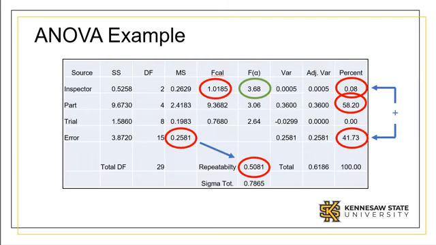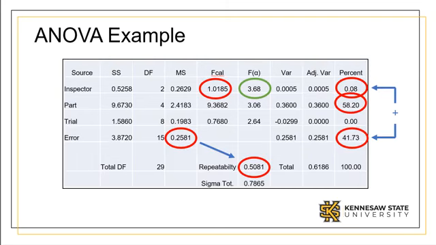If we take the square root of this number, we get the repeatability, 0.5081. We see that repeatability, otherwise known as the error variance, contributes 41.73% of the total variation in this data.